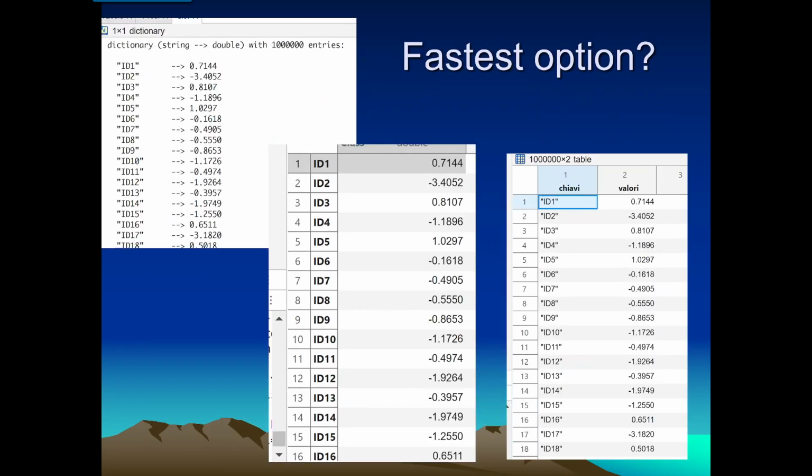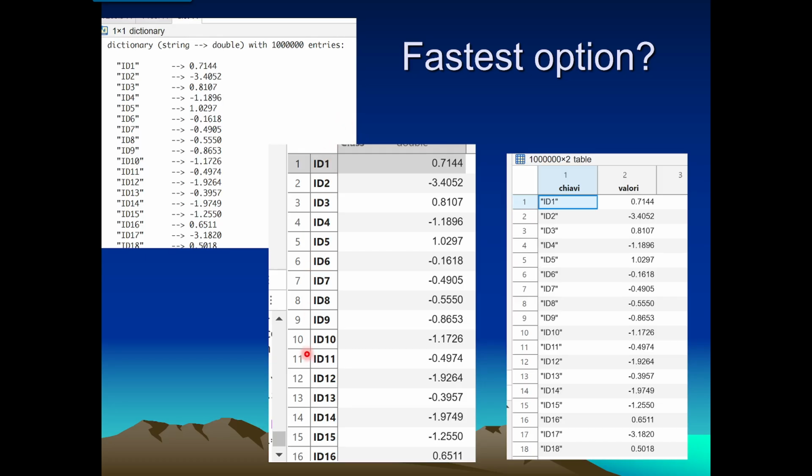It is not enough to create a table with 2 columns, because this could be the same thing. This row, ID8, is matched to this number, ID5 is matched to this number.